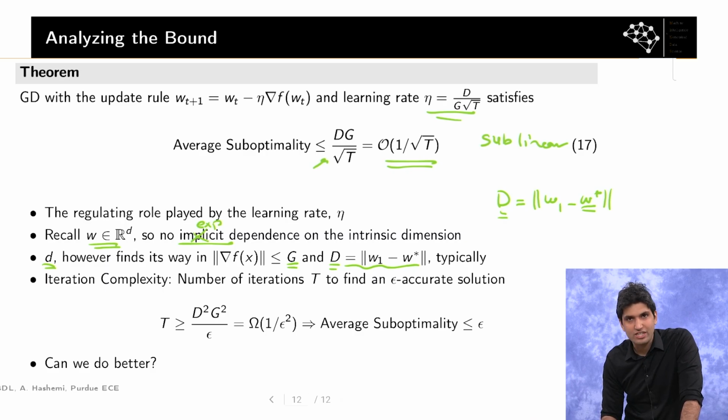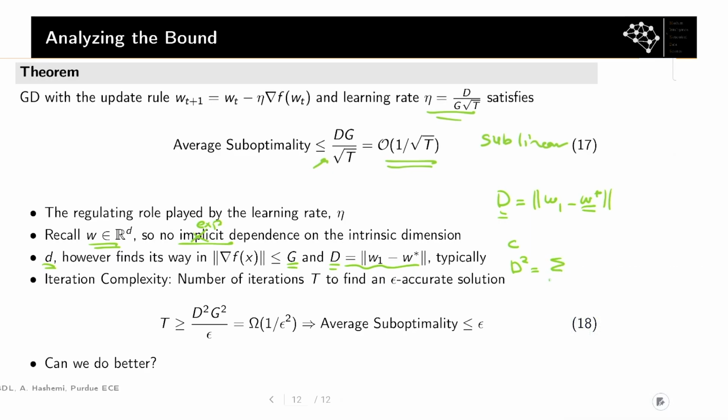If I assume that each coordinate difference is some constant, let's call it a small c, I should expect that D squared is the sum over i from 1 to d of the squared differences between the coordinates, the ith coordinate of W1 minus the ith coordinate of W star, squared.